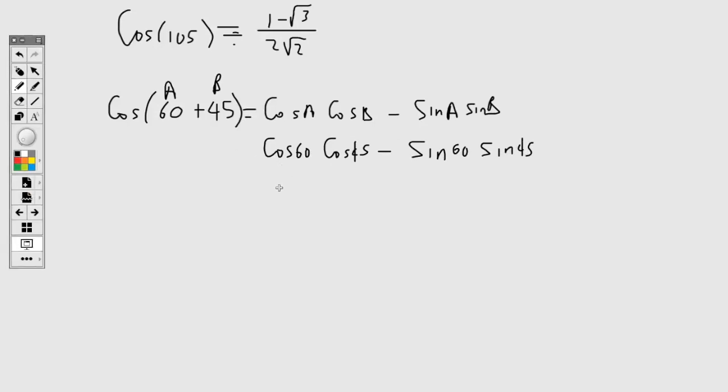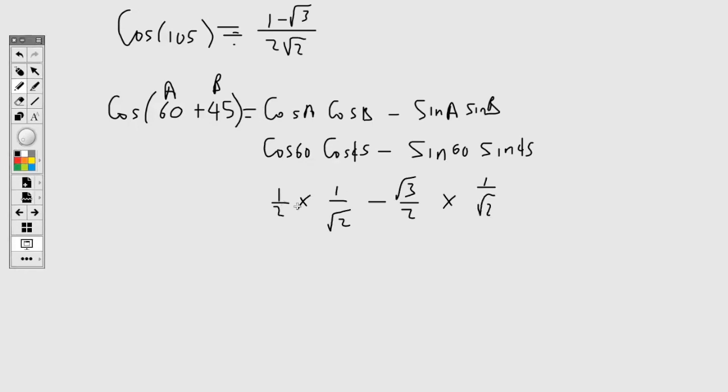Now cos 60 is a half, while cos 45 is 1 over root 2, or some persons will say root 2 over 2 is the same thing. Sine 60 is root 3 over 2 times sine 45 is 1 over root 2.